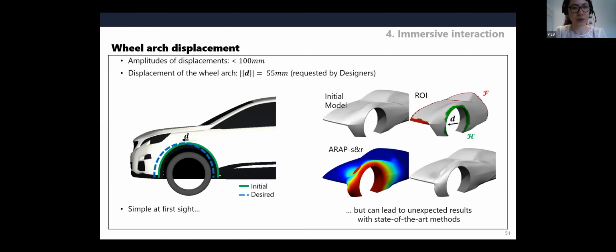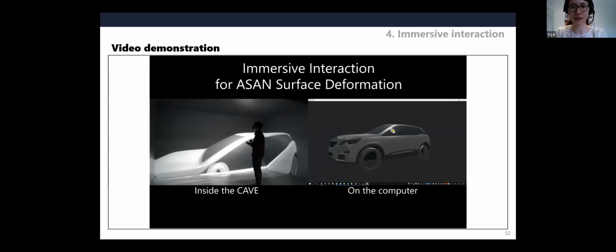The deformation that we were requested to do by our designer was a displacement of a wheel arch of 55 millimeters. So you'll have to pay attention in the video. This can look simple, but with state-of-the-art methods, it led to unexpected results. So we were happy to achieve this.